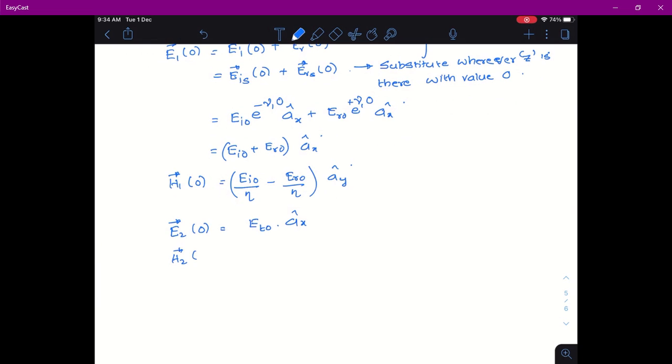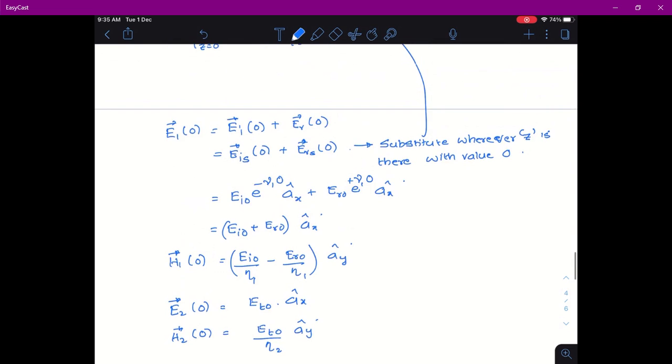H2 of 0 is equal to ET0 by eta 2 AY cap. So this we have derived by substituting the corresponding values of EI0, ER0 and ET0 with z equal to 0. Okay, so this is eta 1.